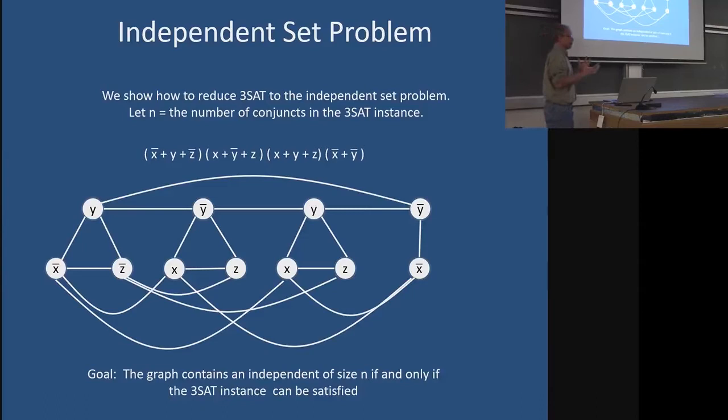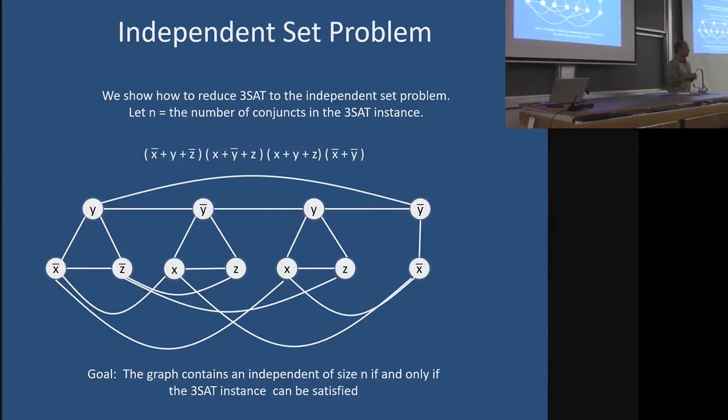When we have a solution to the independent set problem, how do we turn it back into a solution to 3-SAT? So in other words, we have a solution which is the set containing x bar, y bar, z, z, x, and x bar again. Just choose the ones you picked for the vertices, and those are the ones that are true.